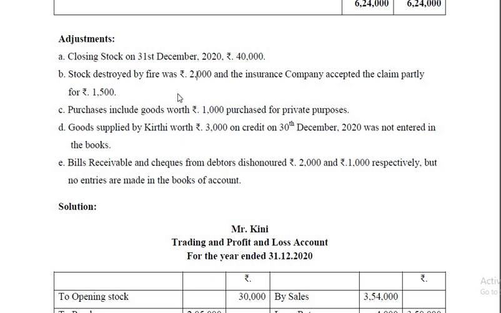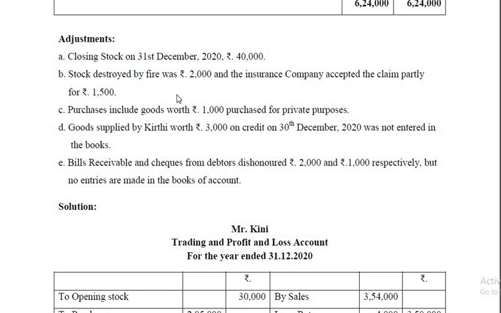Actually, the adjusting entry: insurer's account debit, in this case the amount admitted by them is 1,500, and the net loss is 500, so that is debited to profit and loss account. So profit and loss account debit to goods destroyed by fire account. Therefore, 1,500 should be debited to the insurer's account, and that will appear on the asset side of the balance sheet.